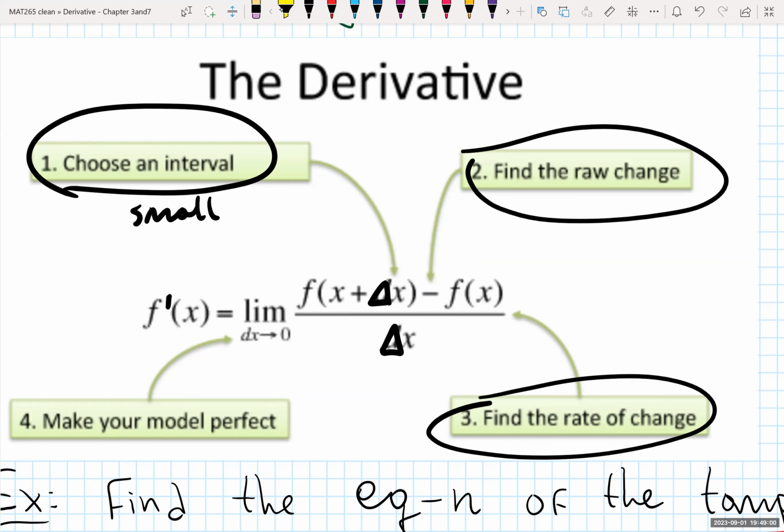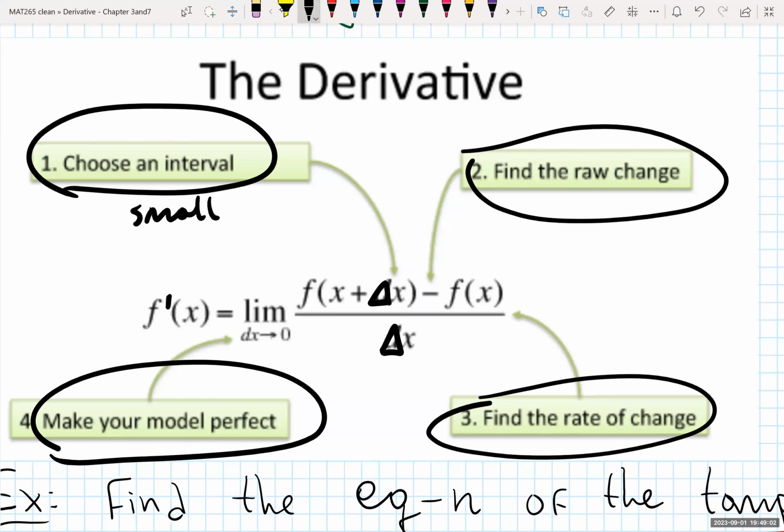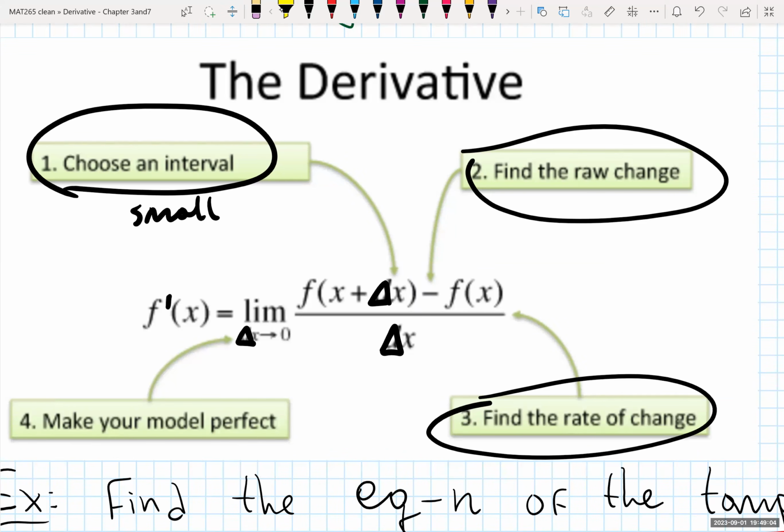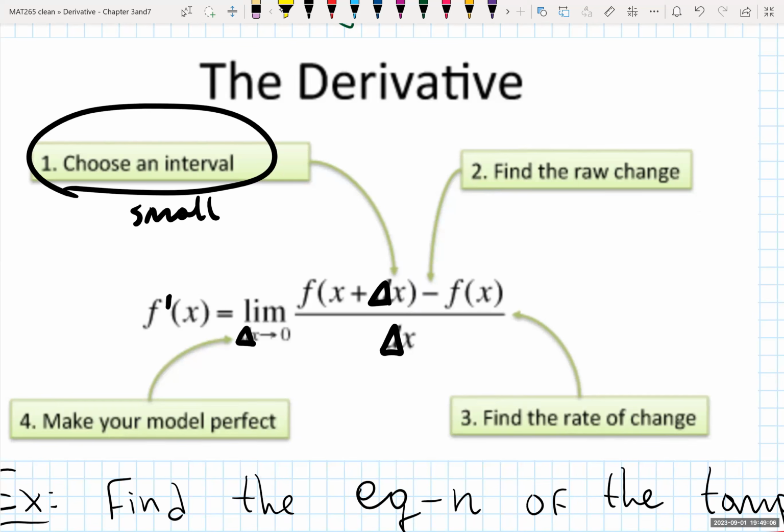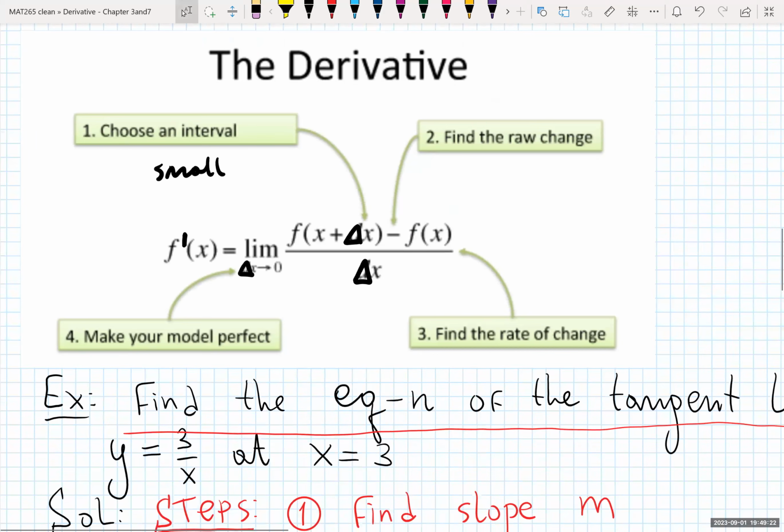Make the model perfect. The moment you make the model perfect, it gives you the definition of derivative. Derivative is instantaneous rate of change. So now the policeman knows that at this instant, you were driving 95 miles per hour, even though you did not complete the whole hour. Hope that kind of makes sense a little bit.